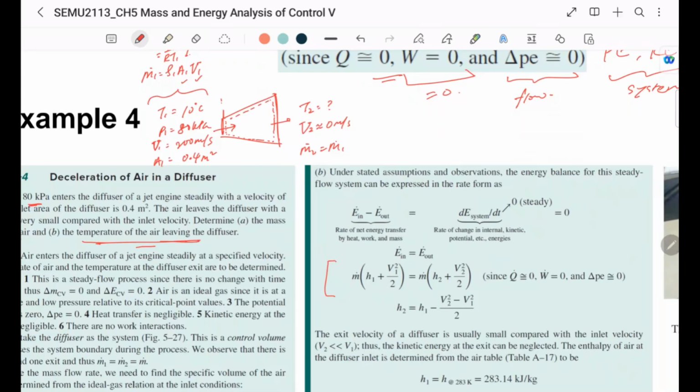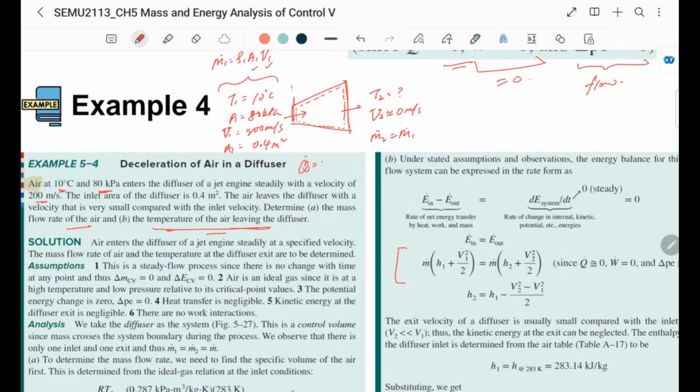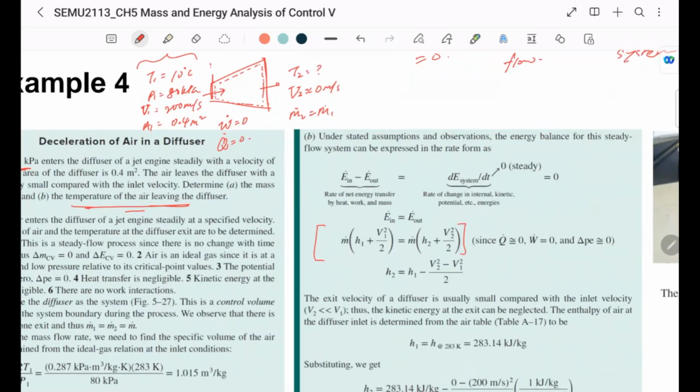Here there is no heat transfer involved, not being mentioned. For a diffuser, definitely the work transfer is 0 as well. So therefore, we come to this equation here.